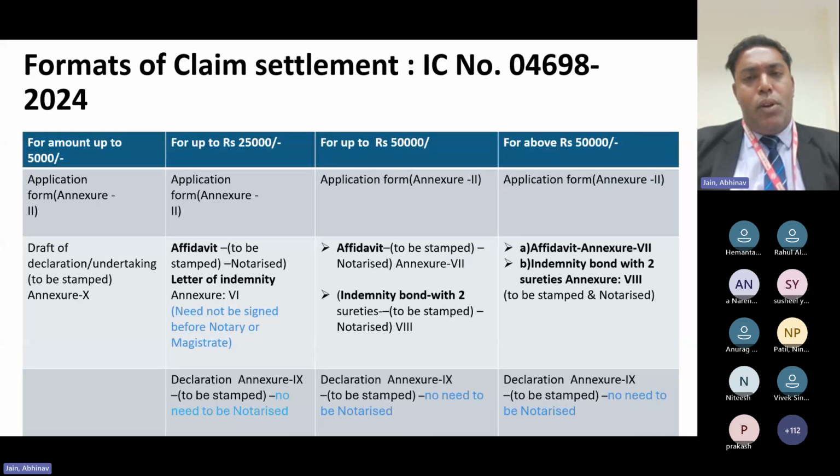For a claim up to 50,000, you need the application form, affidavit, indemnity bond with two sureties stamped or notarized, and a declaration which is not notarized. And if the claim is above 50,000, then the application form, affidavit, indemnity bond with two sureties stamped and notarized, and a declaration which is not necessarily notarized, but is supposed to be stamped.